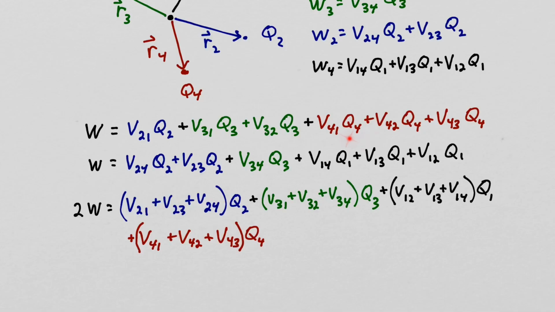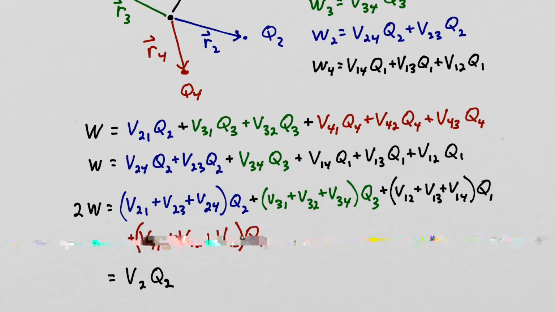The sum of these three potentials is just the potential at the location of Q2 due to charges Q1, Q3, and Q4, and let me call that V sub 2. Similarly, the sum of these three potentials is the potential at the location of charge Q3 due to charges Q1, Q2, and Q4, and I'll call that V sub 3.